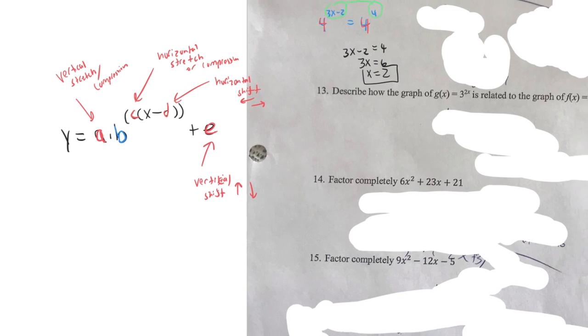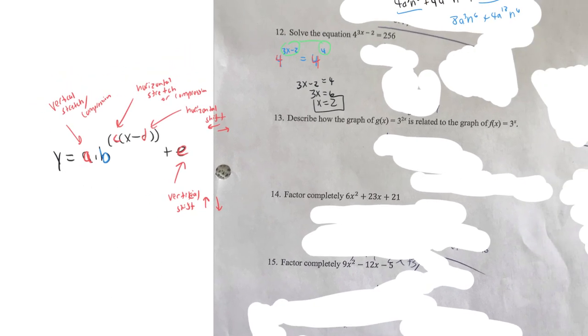So when it comes to the comparison that they're asking us to do, this is the original situation, but now we have that 2 out front. This 2 corresponds with this c right here. It's like 3 raised to the 2x. So that's a horizontal stretch or compression. You know it's a compression if it's a whole number integer greater than 1, and you know it's a stretch if this is a fraction.